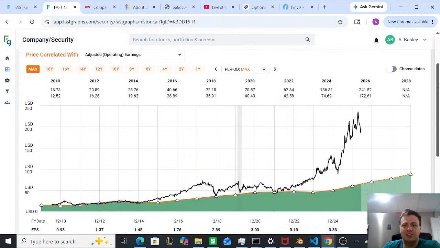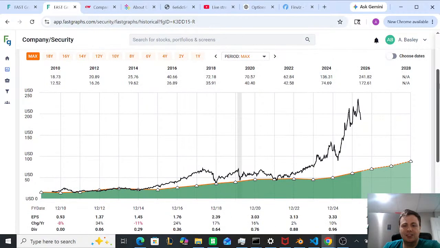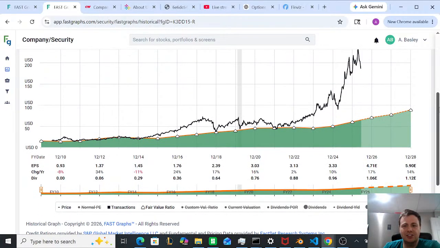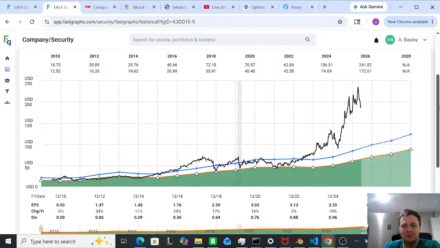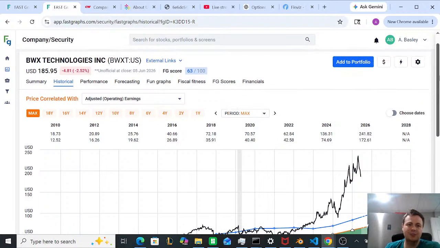BWXT, which is a company I'd like to be in, because I'm really interested in the nuclear space. I think it's great. It's just that everything has gotten so far ahead of its skis. It's even trading way above the normal market premium it gets placed. BWXT is a big player in the nuclear space, doing some of the small modular reactor things.